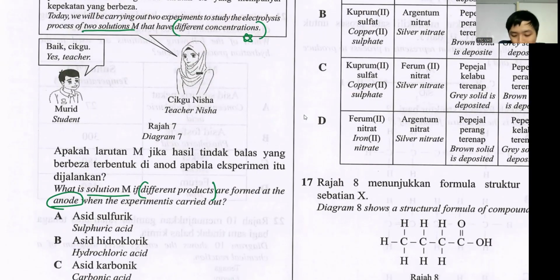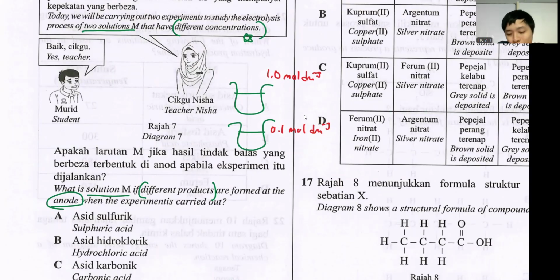It means both beakers have the same solution, but with different concentrations. Let's say one is 1.0 mole per meter cube, and the other one is 0.01. The same solution, but the concentration will affect the product.